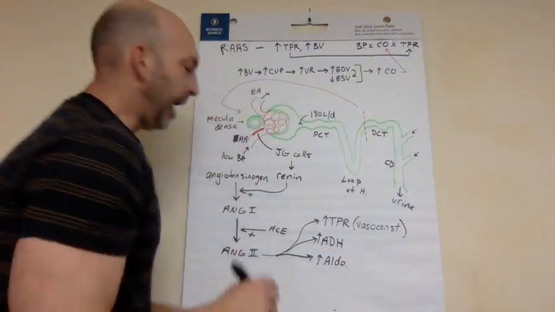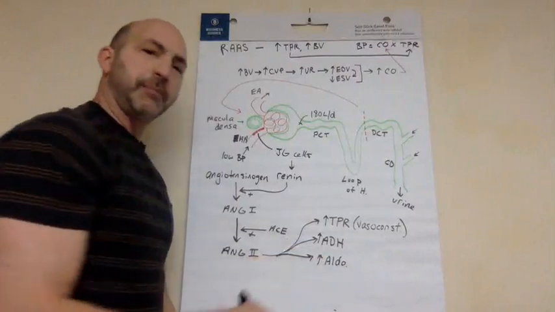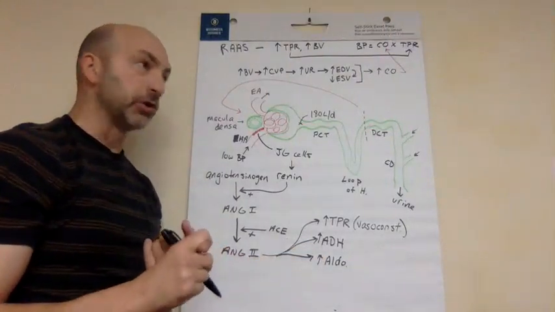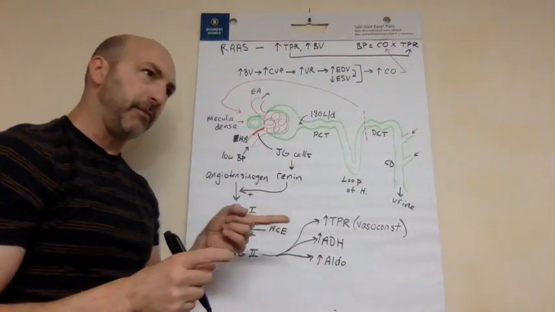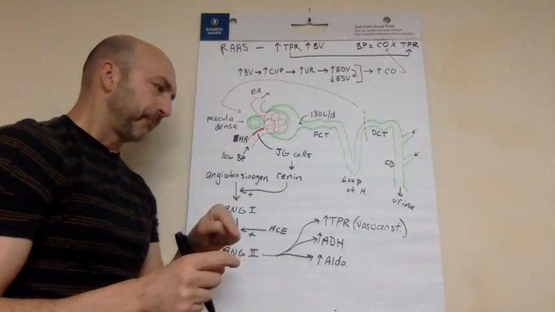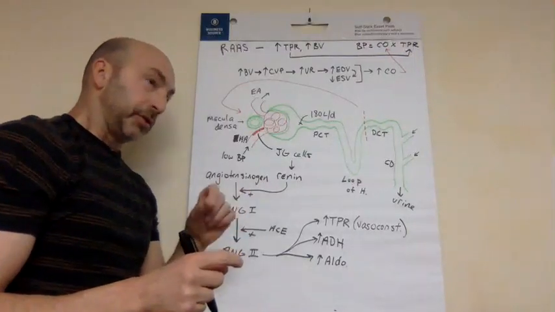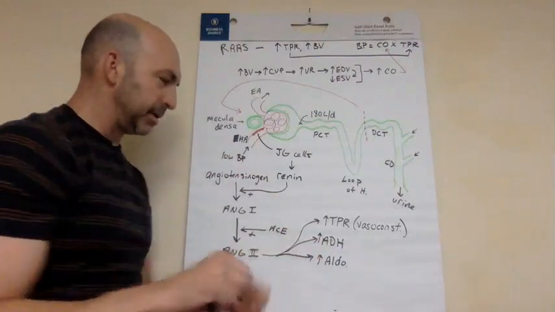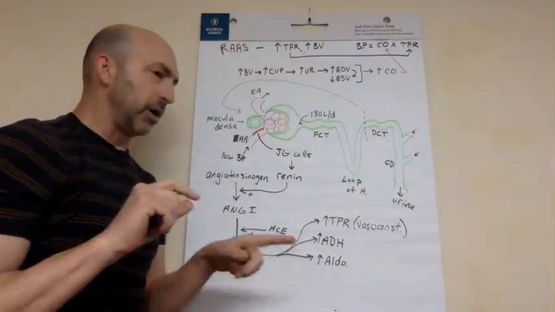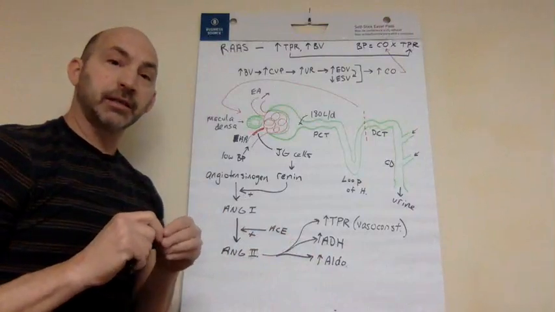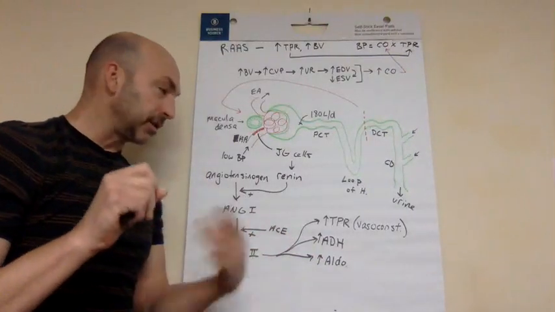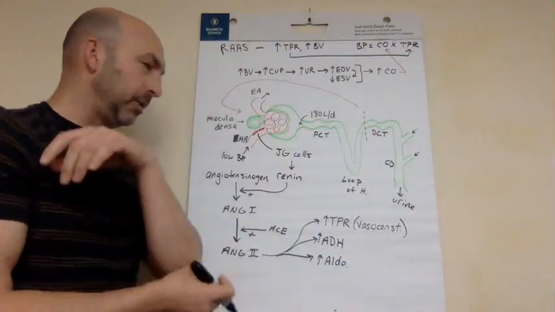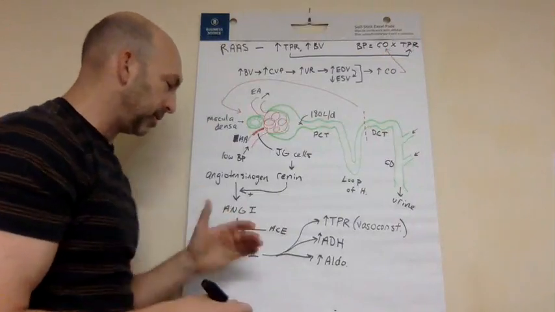Right, so we already know about ADH. ADH is a posterior pituitary neural hormone, right, released by the hypothalamus at the posterior pituitary. Again, we'll get into the stimuli for that outside of angiotensin II. Aldosterone comes from the adrenal cortex. It also has other stimuli besides angiotensin II, even more potent stimuli than angiotensin II.